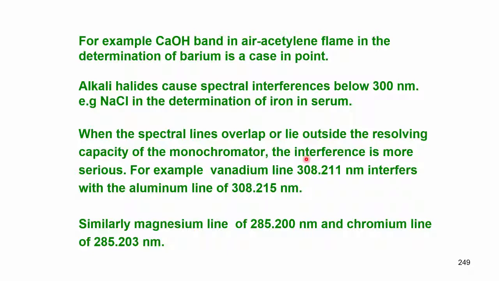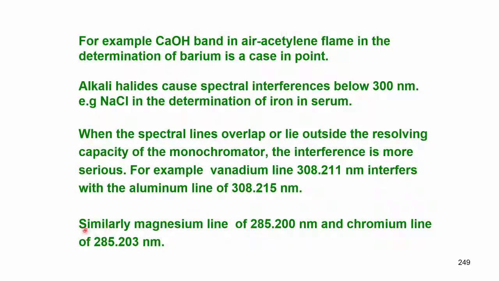And similarly, another example I am giving you is the magnesium line of 285.200 nanometer, and what is chromium? Chromium is 285.203. The difference is 0.003 nanometer.